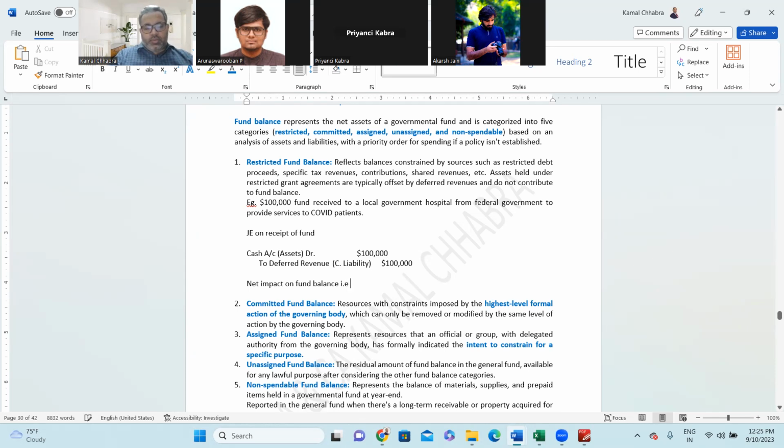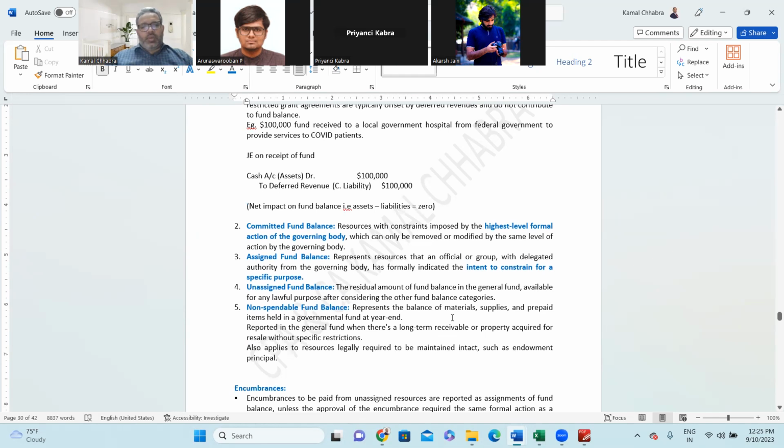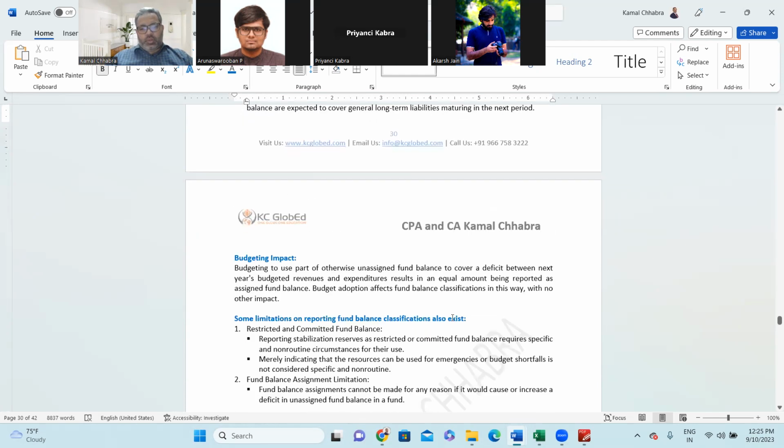That is assets minus liabilities, right. Does that make sense?